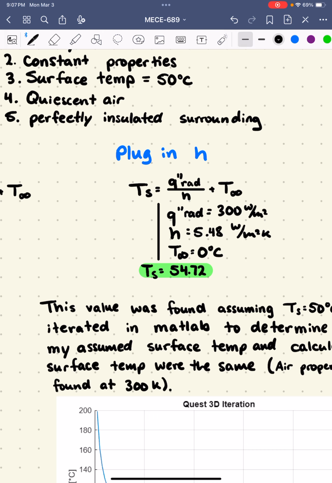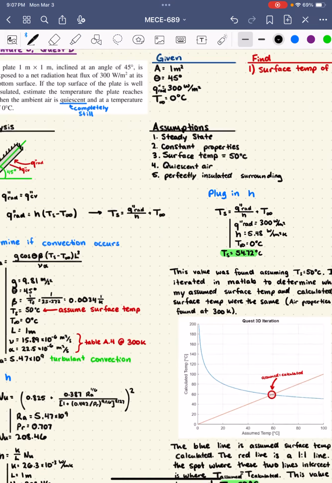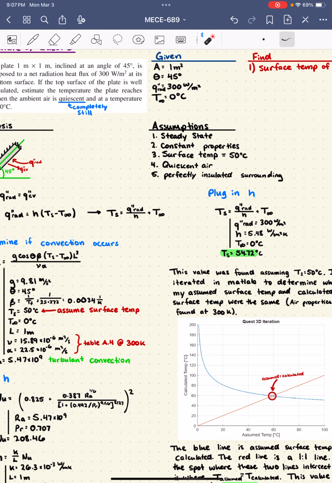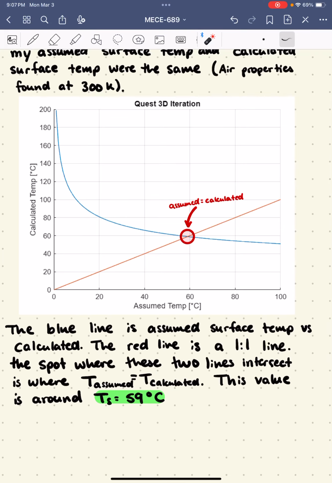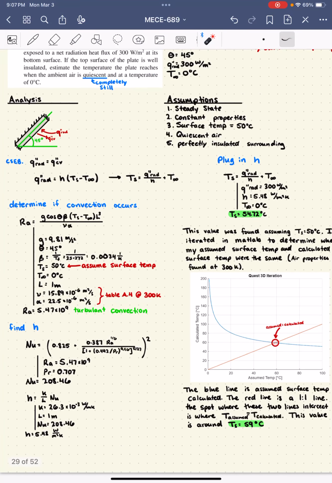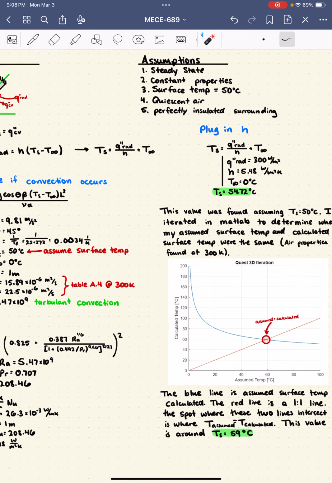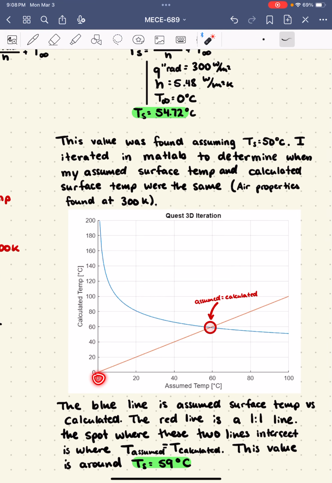We got pretty lucky here. But what I decided to do is create a plot where I solved this equation, still using all of these constants at 300 Kelvin, but I changed the surface temperature as well as beta to range from 0 to 100 degrees C. And then I've plotted it against the calculated temperature in Celsius to compare the two.